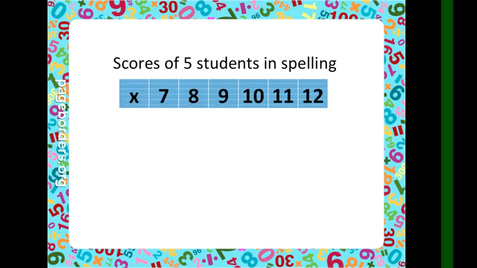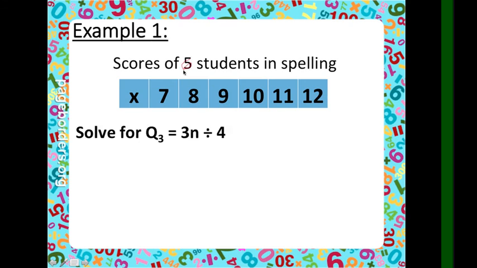For the next one, we have scores again of 6 students. And we have quartile 3 equals 3n divide 4. So we have 3 times 6 is 18 divide 4. So we have 4.5.